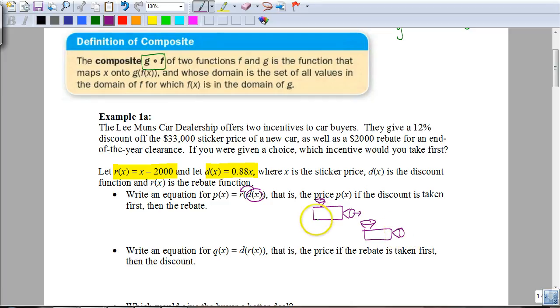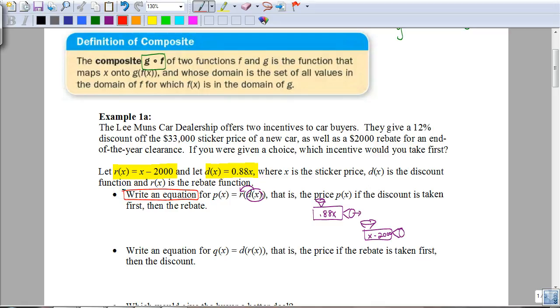In this first function, this is D of x, this is 0.88x. Our second function is x minus 2,000. This one's a little bit more complicated than those problems we were looking at in the first video, because here we don't have a number we're putting in right away. They're just asking us to write an equation. They're not asking us to find a value.